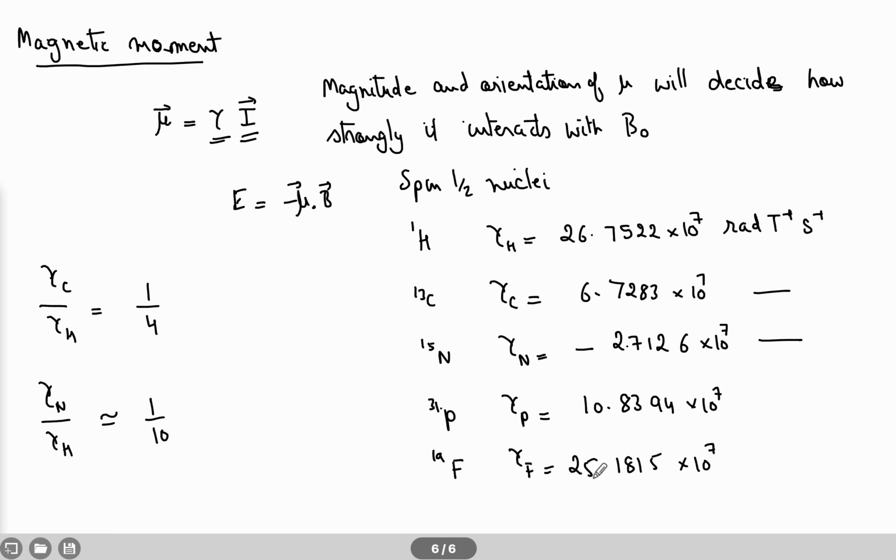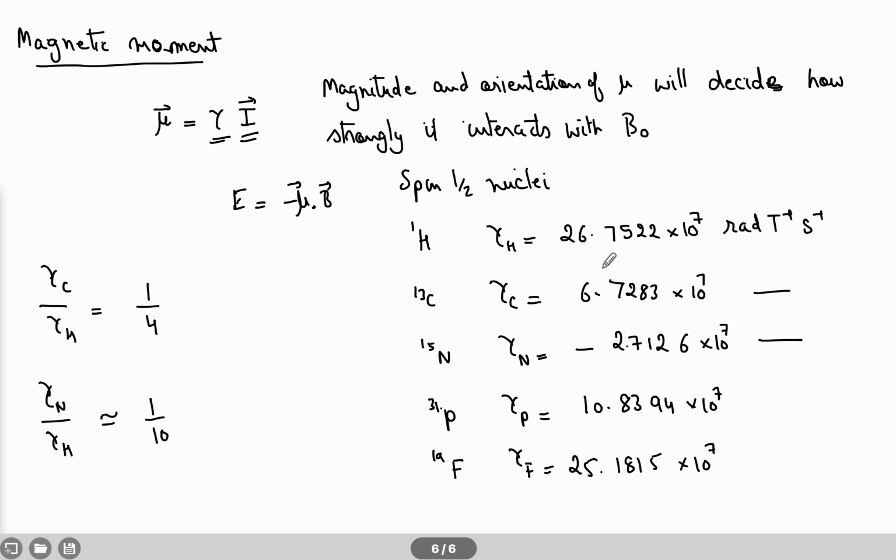For fluorine, it will be roughly 94%. Similarly, for phosphorus, it will be roughly 41%. These numbers define how strong they are in terms of their magnetic energy of interaction with the external magnetic field relative to proton, assuming proton has the highest gyromagnetic ratio.